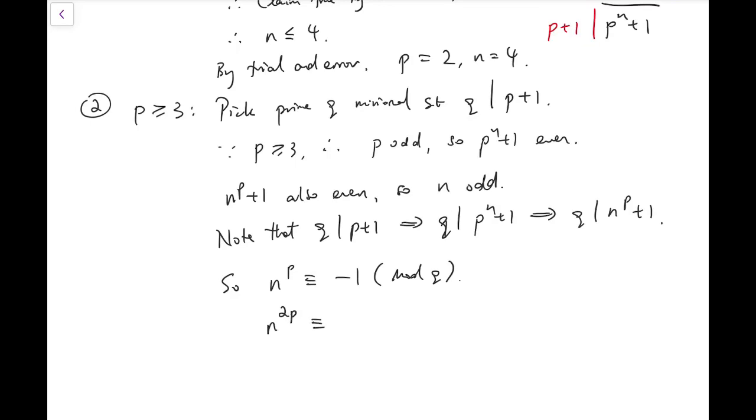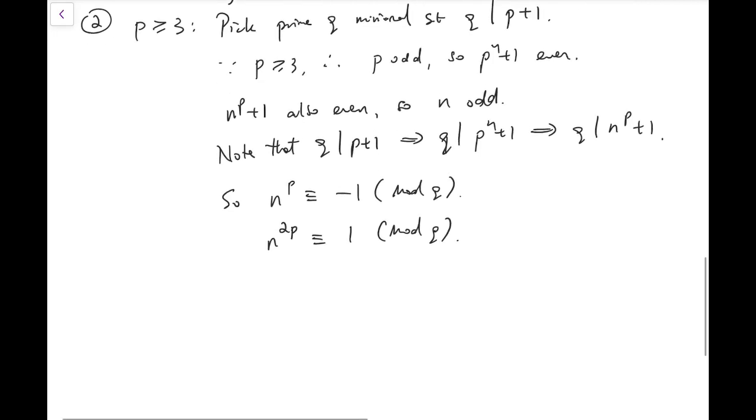This is interesting because then we'll have n to the 2p is congruent to 1 mod q. We have found a number so that n to the power of that is 1 mod q. And note that q is a prime here.